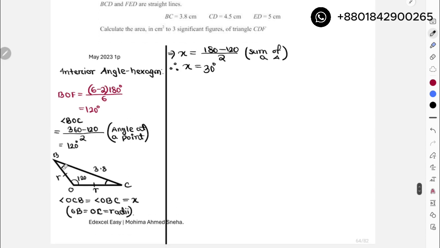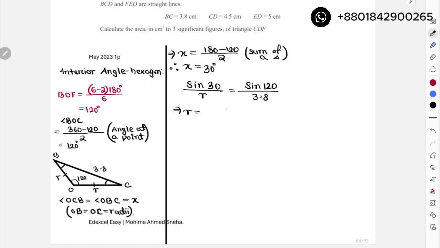If this is 30 degrees, that means now I can find out the value for the radius easily using the sine rule: sine 30 divided by r is equal to sine 120 over 3.8.